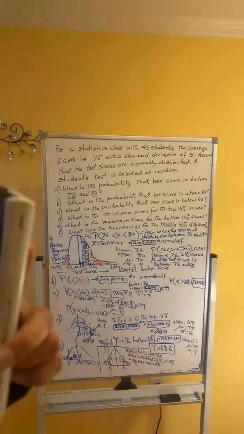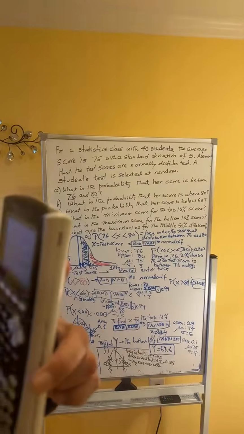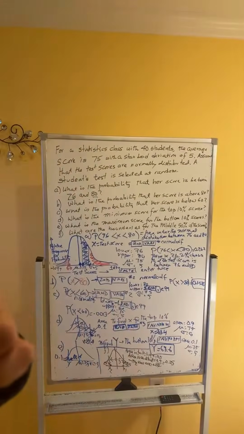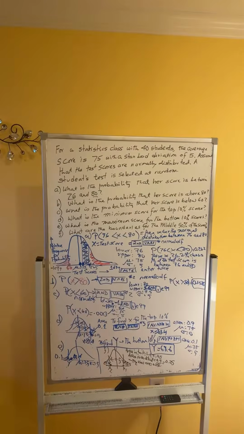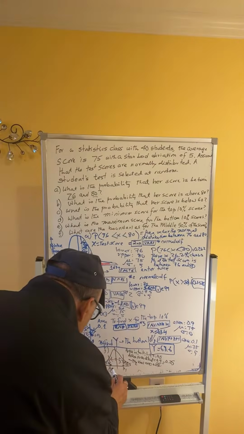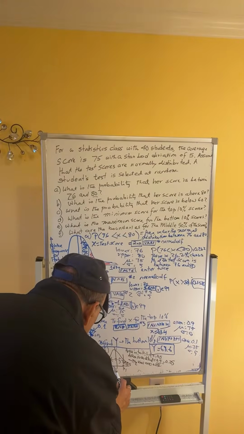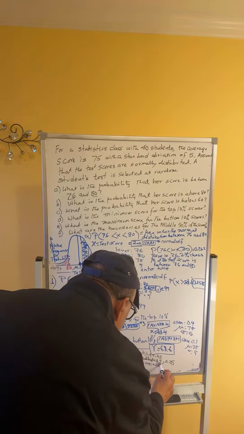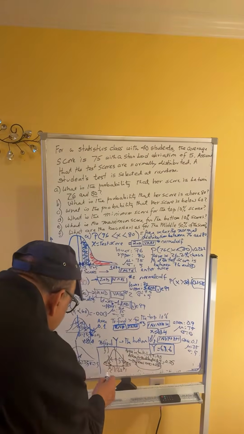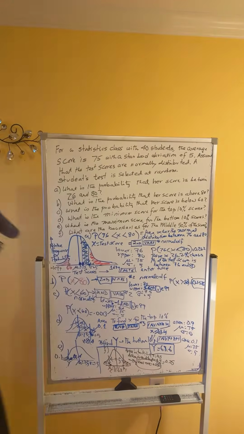Oops, what happened? Second verse 3. Area in the left tail is 0.25, mean is 75. Paste, enter and enter. And the answer is 71.62. So this is important. Use area is 0.25 for x2. Okay. So that is 71.62.